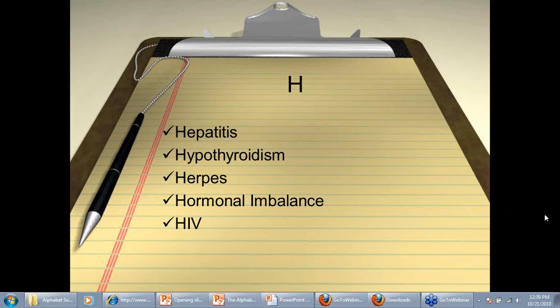HHV6, human herpes virus 6, is an interesting virus. It's another one of those viruses that is ubiquitous in the air around us. However, not everybody gets ill with this illness. There are people who have developed antibodies to HHV6, and the theory is that HHV6 may in fact be a cause of chronic fatigue syndrome.